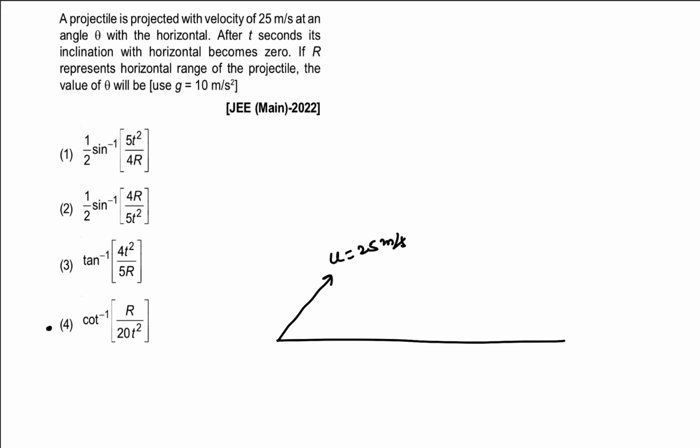U is equal to 25 meter per second, making angle theta. After some time t, it is becoming horizontal, which is nothing but the maximum height.